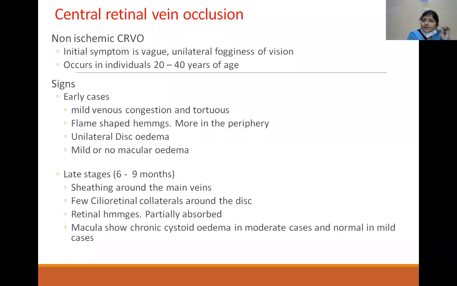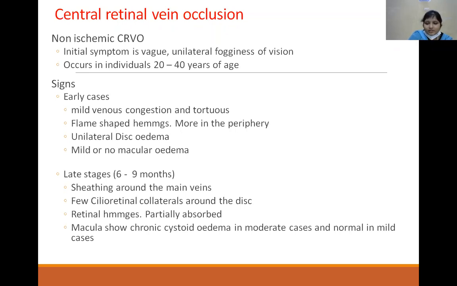Coming to central retinal vein occlusion, it is broadly divided into two types: non-ischemic CRVO and ischemic CRVO. CRVO is more common in the elderly age group, and non-ischemic CRVO accounts for about 60 to 70% of cases of CRVO. The initial symptom of non-ischemic CRVO is vague unilateral loss of vision.